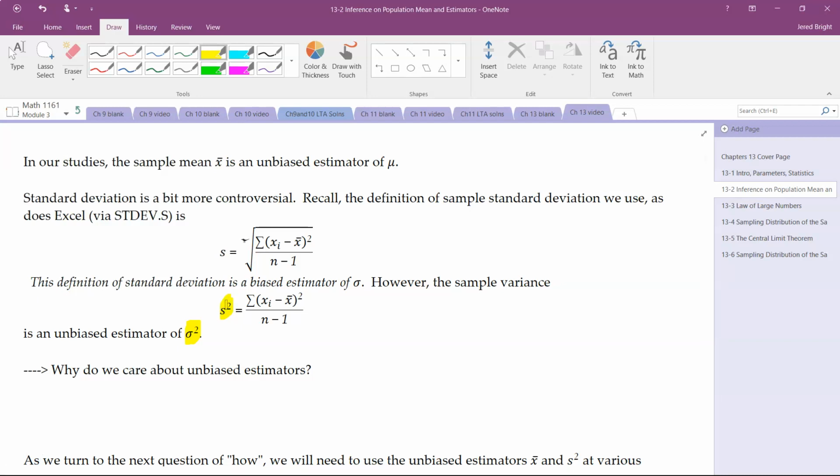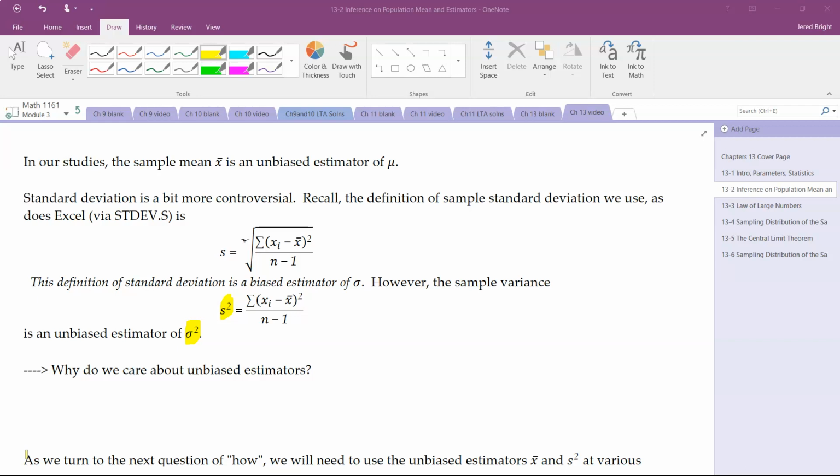Now the big question is, why do we care? We want to make sure we don't introduce any bias, so that what we're saying is credible. It would be unfortunate if we gathered a good sample, a simple random sample being kind of our goal, and we do all this good sampling, and then we mess up the calculations.